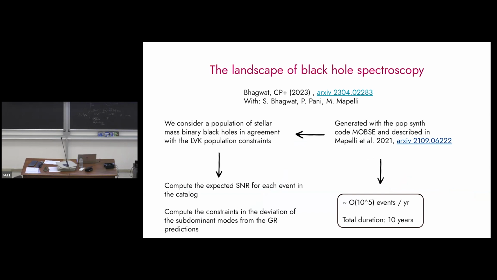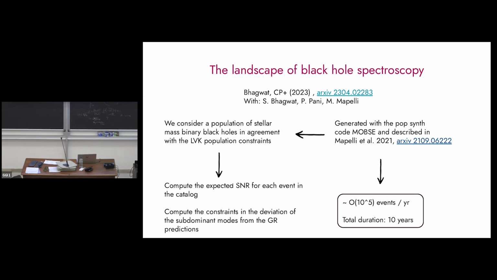Can we check how many events you will have with large SNR and how many with small SNR? And beyond the SNR, can we check how well we will be able to measure the subdominant quasi-normal modes in the spectrum? Because this will really tell you how well you will be able to constrain gravity with third generation detectors from spectroscopy alone.